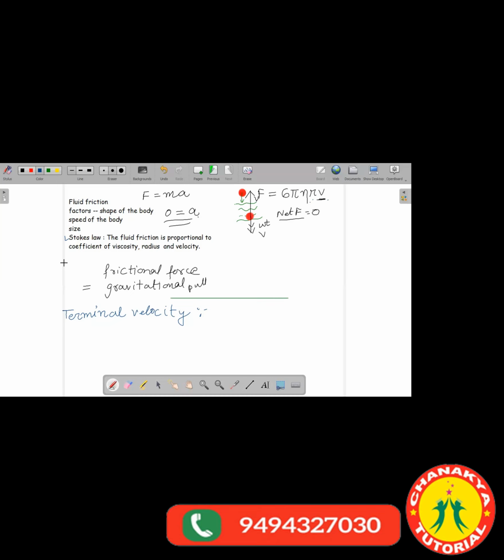Okay. And since it depends on the shape and size of the object, here we have used R because the object is spherical in shape. Considering the object to be spherical, we have obtained the formula F equals 6 pi eta RV. Now, similar to this, different shapes can be given to reduce the amount of fluid friction. For example, we have seen the design of a car and the design of a bus are different. A bus is designed straightforward, something like this.